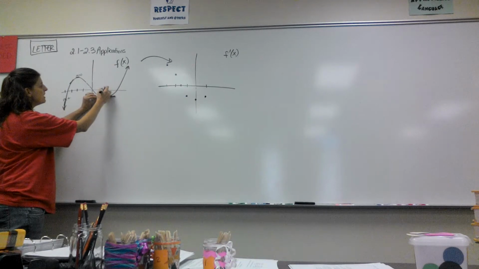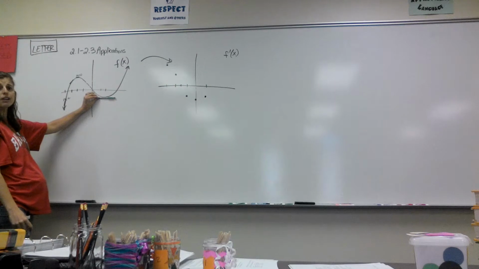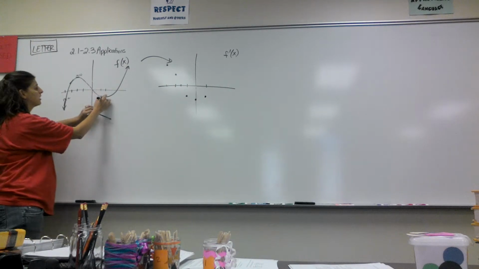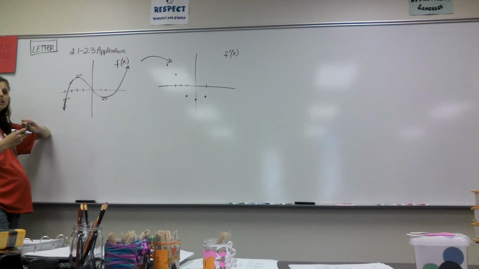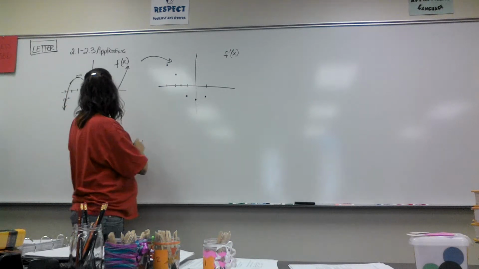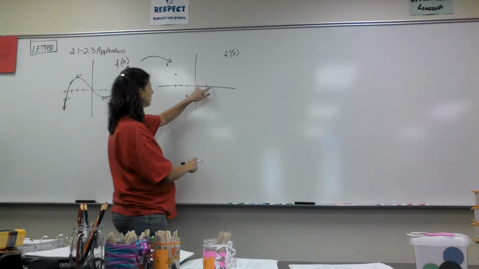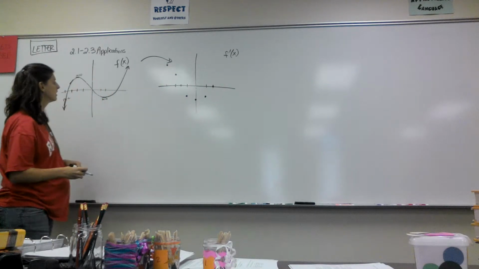My slope at this x value is 0 again. So what should my derivative be doing? Where should my derivative be? At the x-axis, at 0.